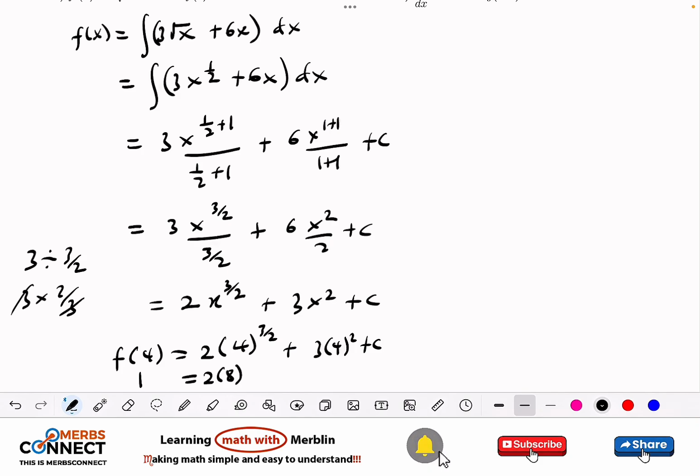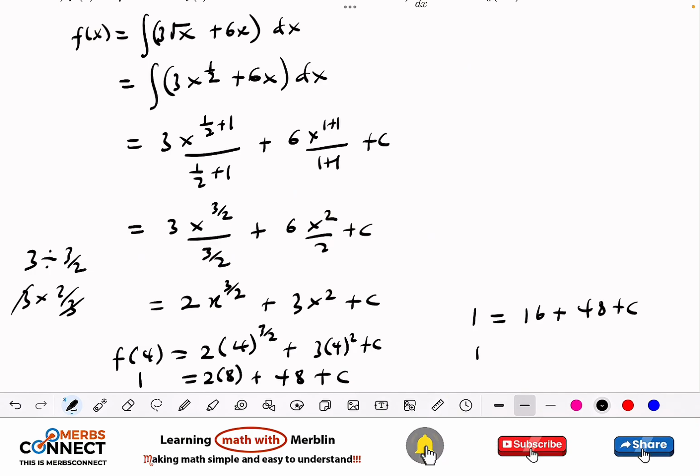Yeah. Plus 16 times 3 should be 48 plus c. Good. So this is going to give us 1 is equal to 16 plus 48 plus c.